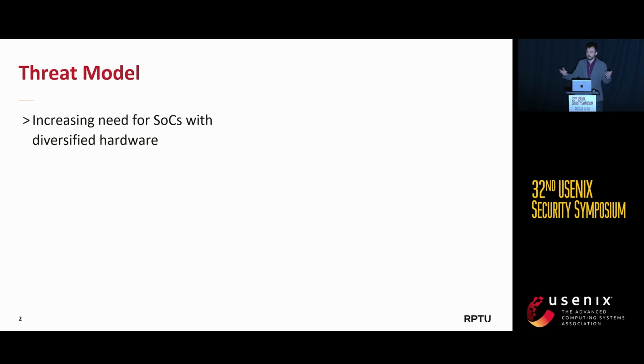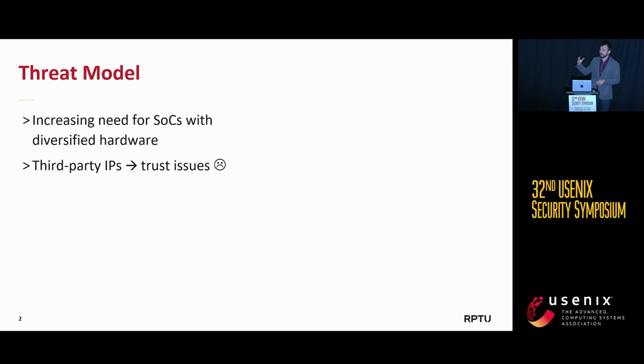And then they will integrate these designs into their systems. The problem that might arise is that if they do not fully trust these companies, they might have trust issues with these third-party IPs.